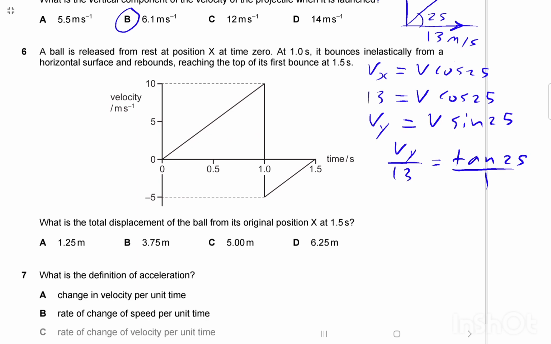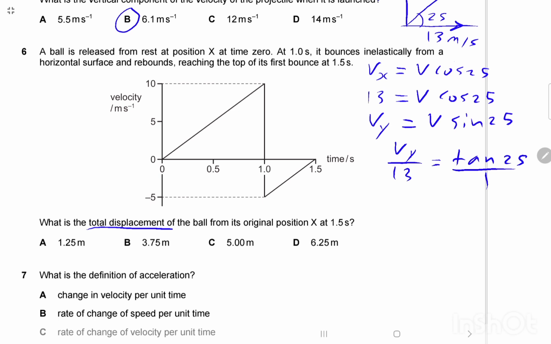A ball is released from rest at position X at time 0. At 1 second, it bounces inelastically from the horizontal surface and rebounds, reaching the top of the first bounce at 1.5 seconds. What is the total displacement of the ball from its original position X at 1.5 seconds? Okay, so here we're asking about displacement.